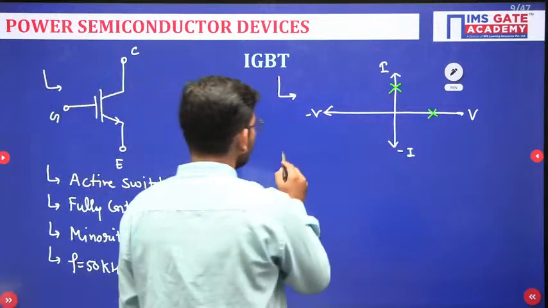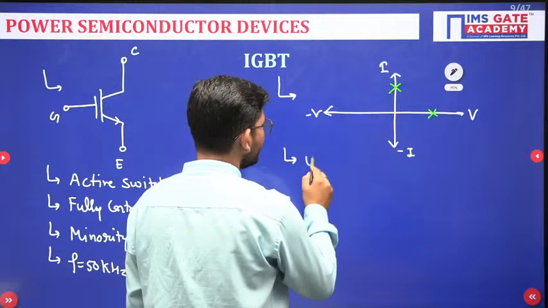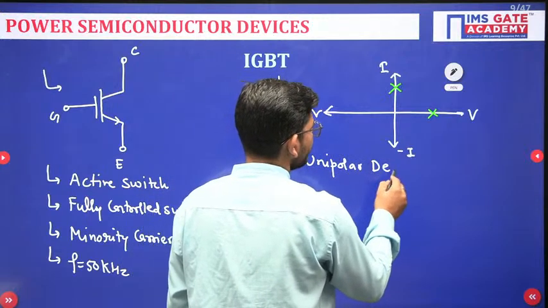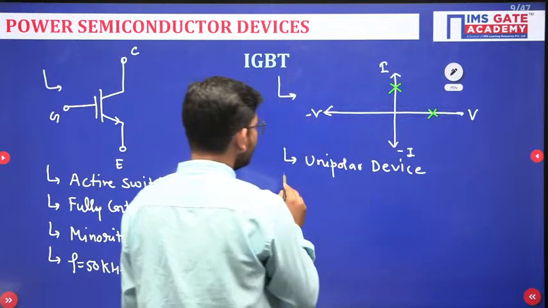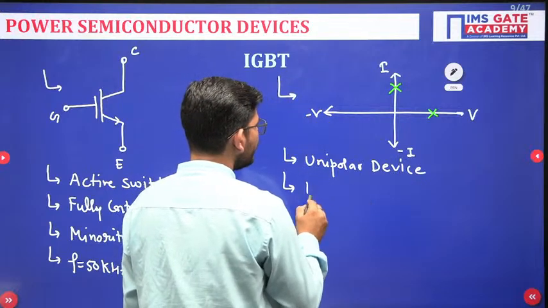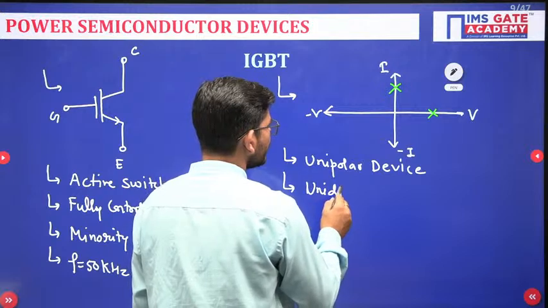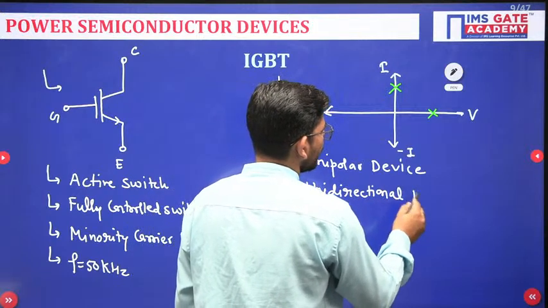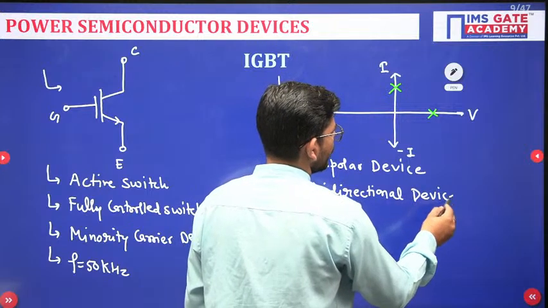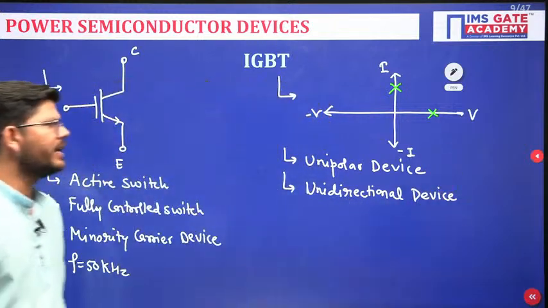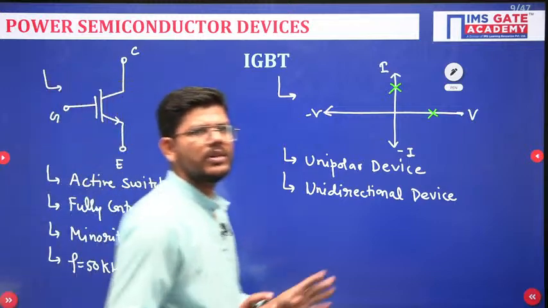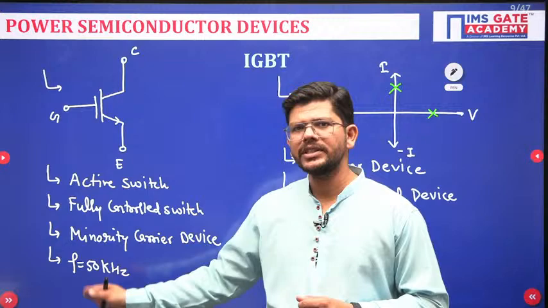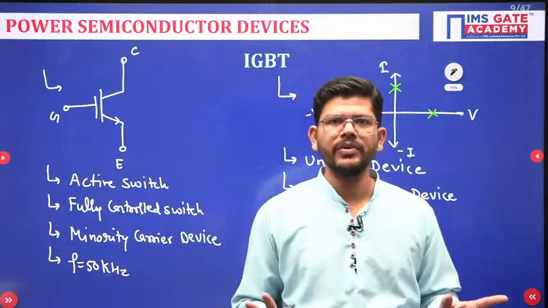So this is a unipolar and unidirectional device. This is all about the IGBT that you should know. The important fact is that after MOSFET, this is the switch which can handle the highest switching frequency operation.